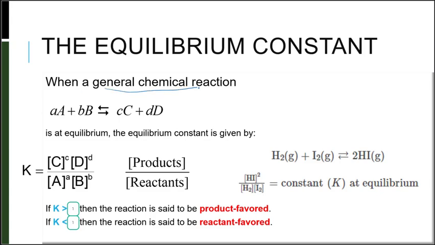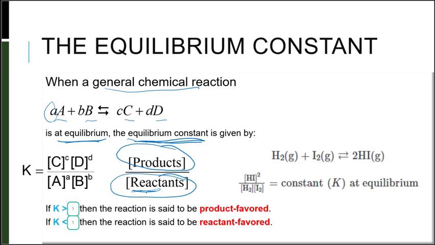When I write that general equation, A plus B equals C plus D, and the little letters are the coefficients, I write at equilibrium the equilibrium constant as products over reactants, the concentration of products over reactants.